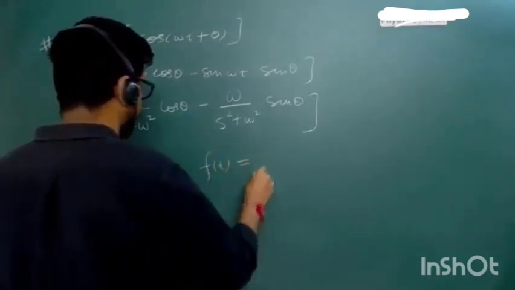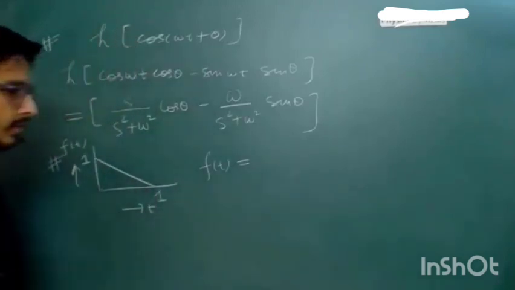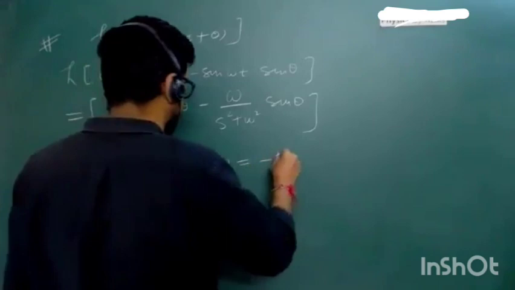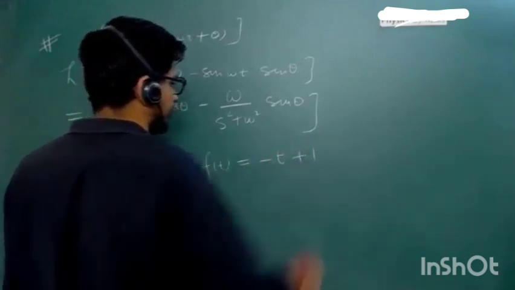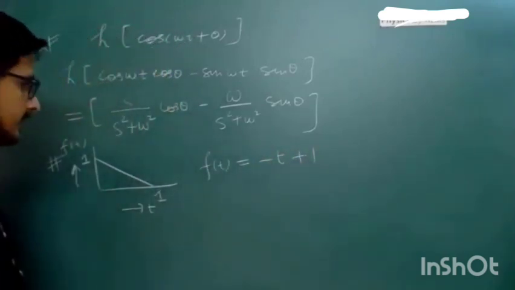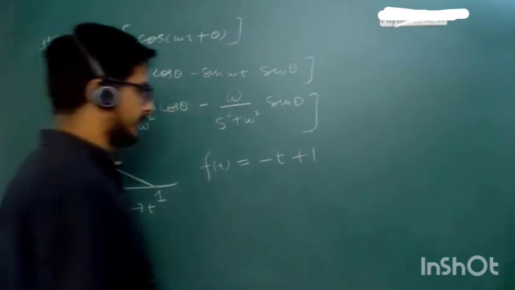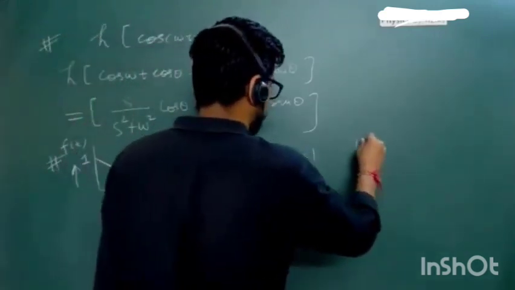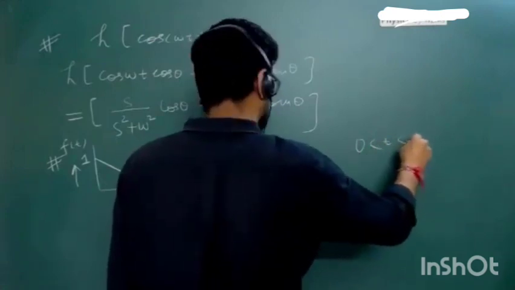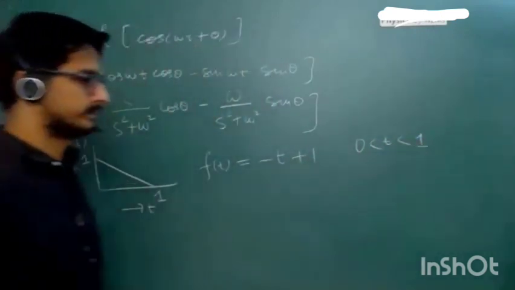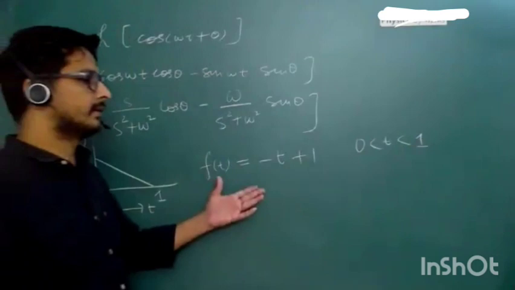What is the slope? Minus 1, so minus t, and what is the intercept? 1. So minus t plus 1, and it is between 0 and 1. So how to write the Laplace?